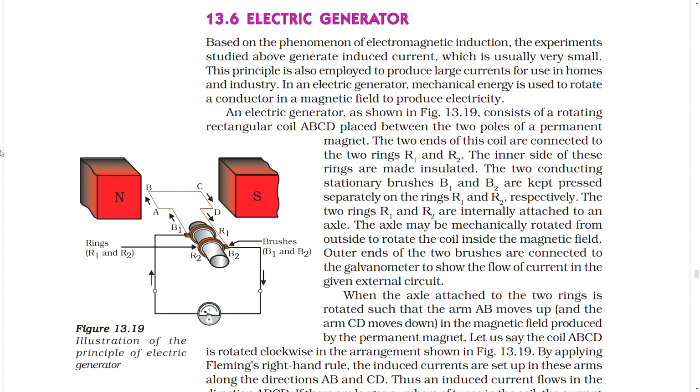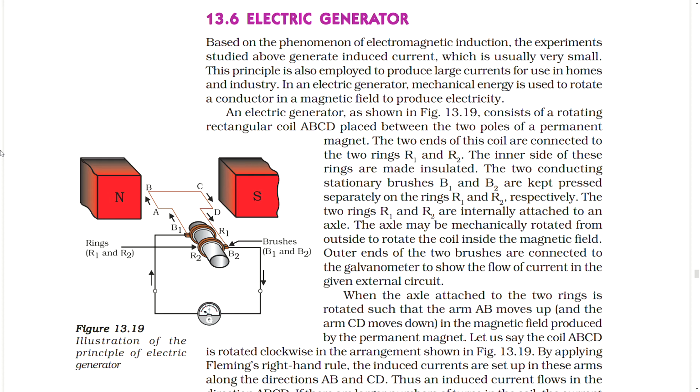An electric generator, as shown in figure, consists of a rotating rectangular coil ABCD placed between the two poles of a permanent magnet. The two ends of this coil are connected to the two rings R1 and R2. The inner side of these rings are made insulated. The two conducting stationary brushes B1 and B2 are kept pressed separately on the rings R1 and R2 respectively.